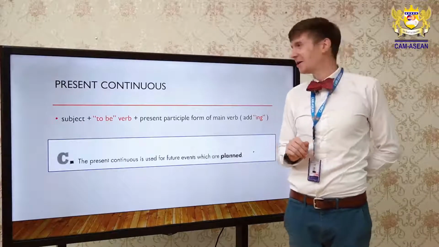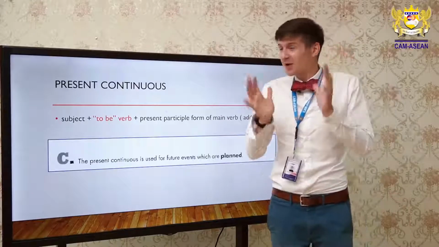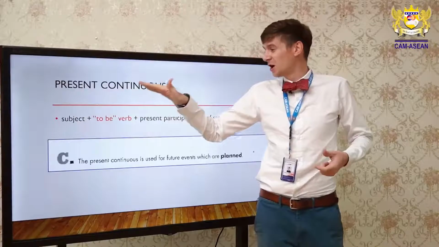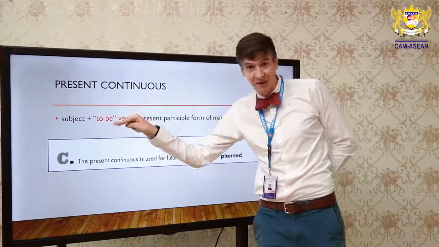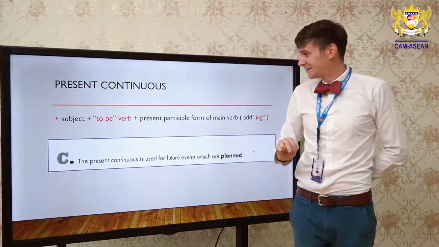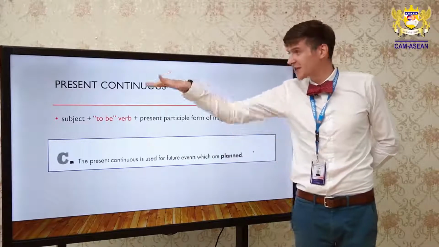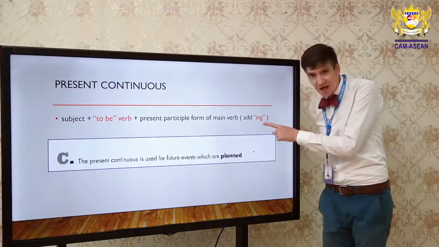There is a third situation, guys. We know what present continuous looks like because we have a subject, a to be verb that's present simple tense, and present participle. We know what continuous looks like. It has an ing on there.